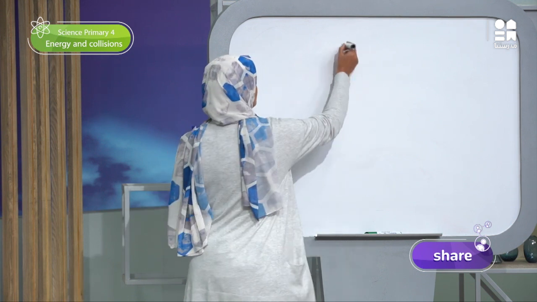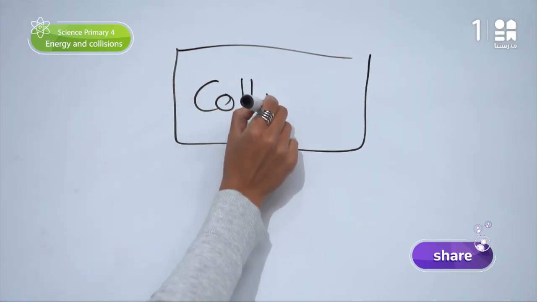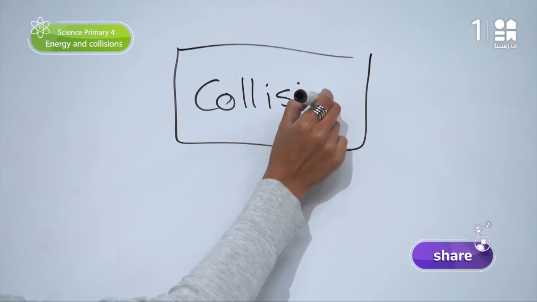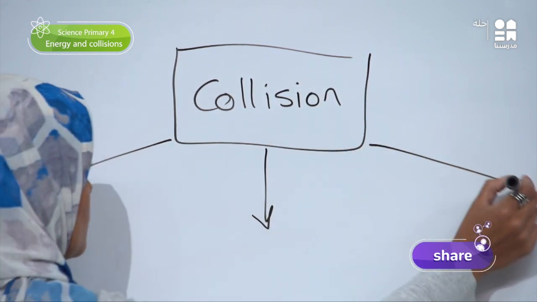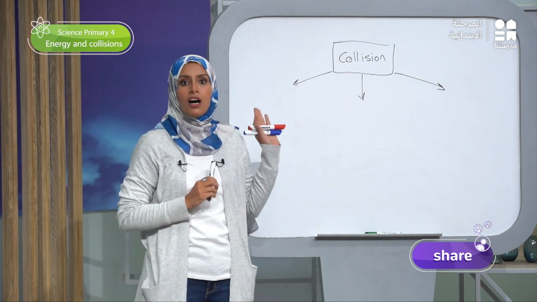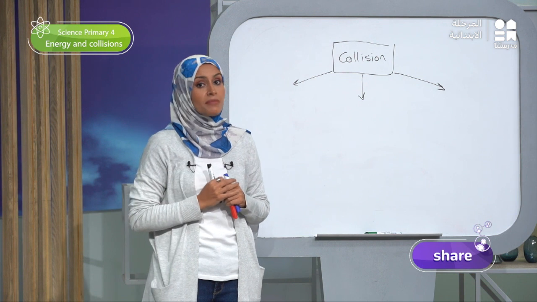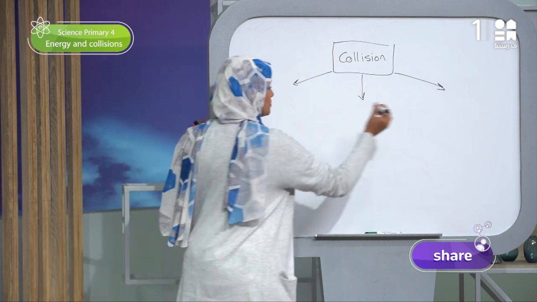I write the word collision and then draw arrows out of it. Those arrows are pointing to three terms. What are they? Motion, energy, and speed.